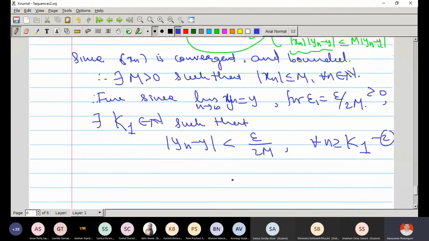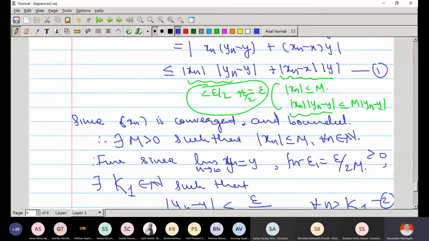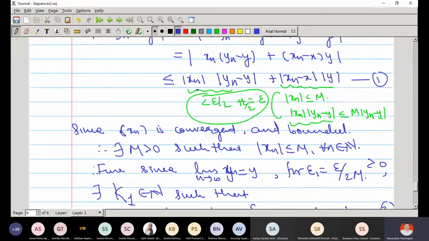Okay, what should be my next step? Now in this way I can make the first term less than epsilon by 2. How to make the second term in expression 1 less than epsilon by 2?